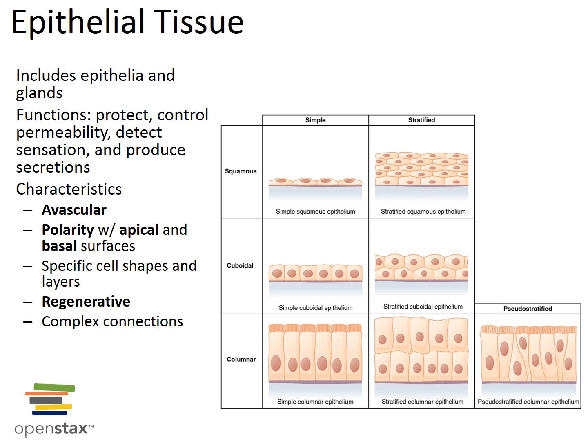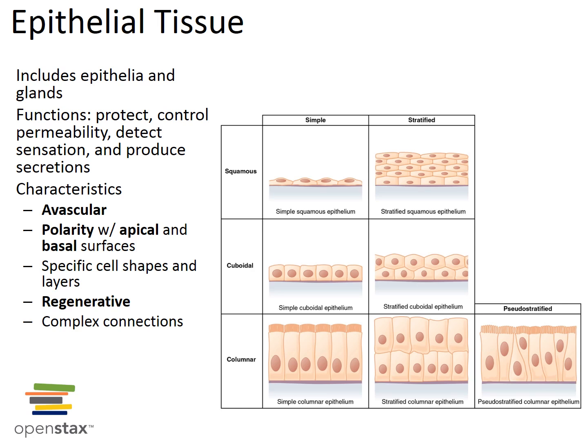Epithelial tissue is avascular, meaning it has no blood vessels, so the cells are fed by the underlying connective tissue blood vessels. It is regenerative, mitotic. It's constantly replaced from the basal layer or basement membrane of connective tissue.